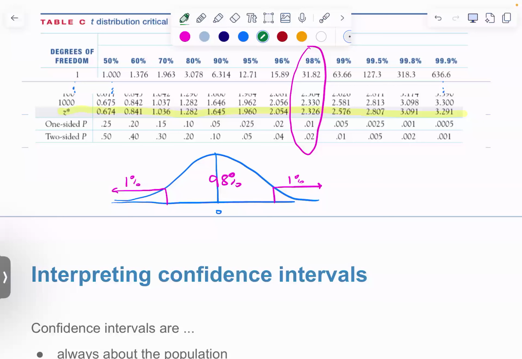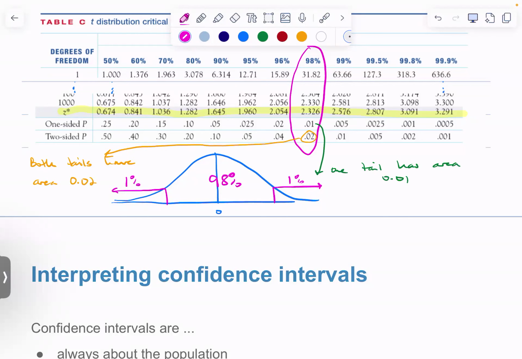So one tail has area 0.01. Both tails have area 0.02.